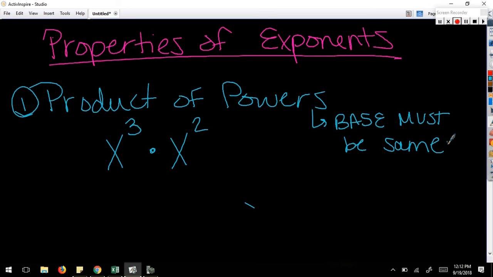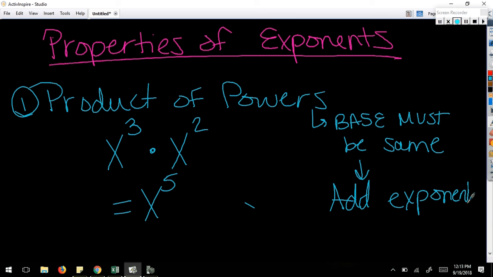Okay, but because the bases are the same, it does. When you multiply and you have the same base, what do you think you do with the exponents? Add them together. Okay. So this would give me x to the fifth. So if the bases are the same, then you add the exponents because I am multiplying. Right? All right.